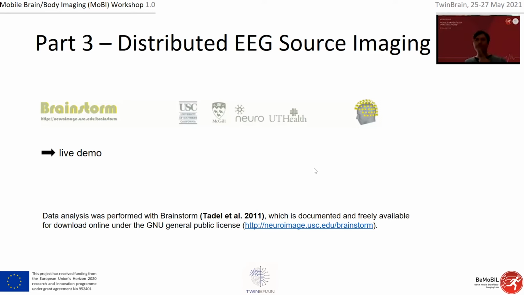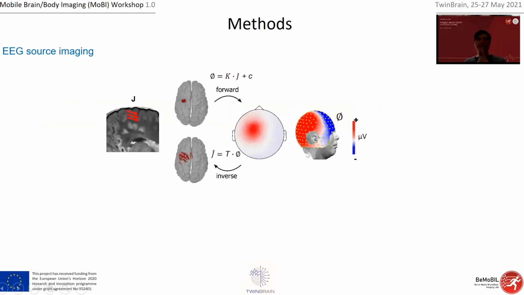Good. I'll try to switch. First, a bit coming back to the theory. For everybody who attended the talk on the first day, this might be a repetition, but what we try to do is formulate a mathematical relationship between the source space and the scalp space, meaning we want to formulate a forward model that describes how the electrical potentials at every point in the brain propagate through the skull.